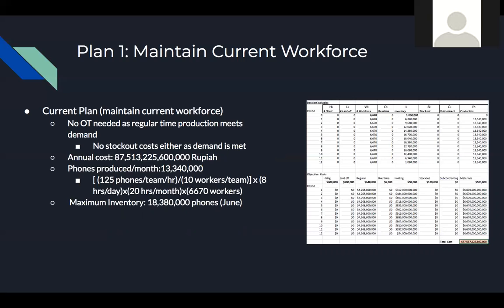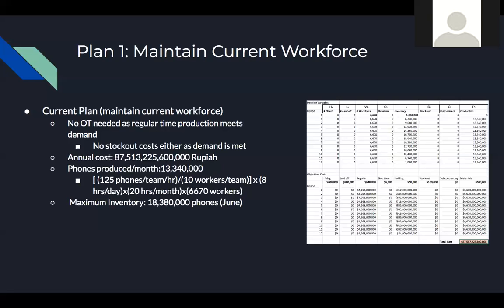Because of the workforce constraints, there are no costs for hiring or laying off, as well as no overtime costs. But we do notice a large amount of inventory in the middle of the year, partly as a result of demand steadily growing as the year progresses.